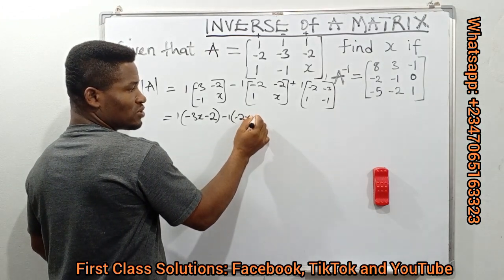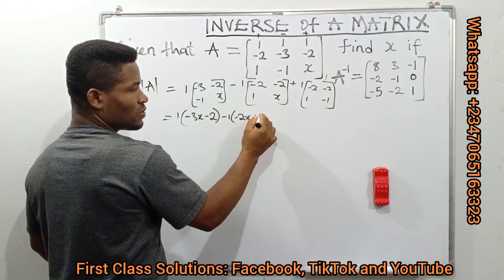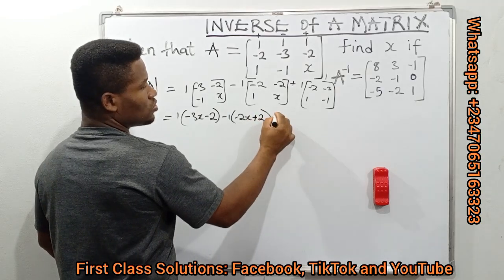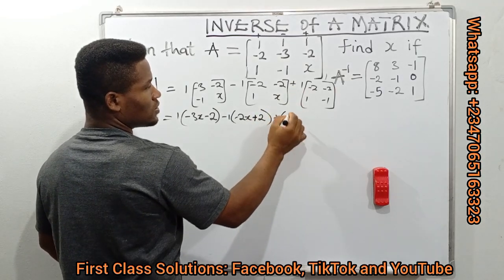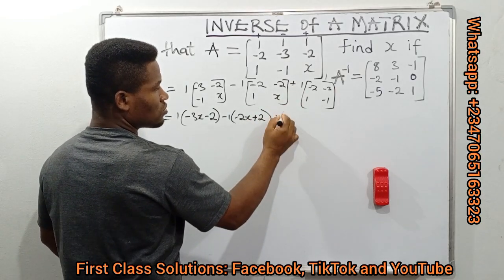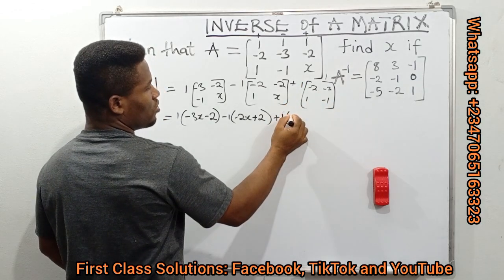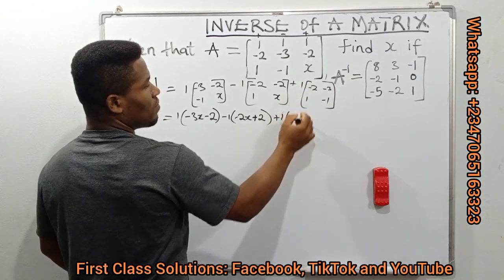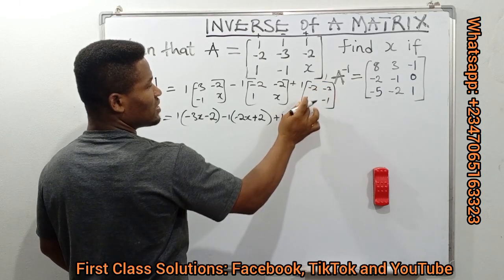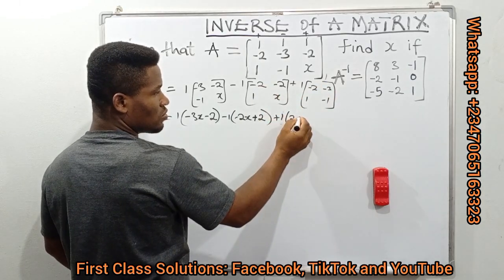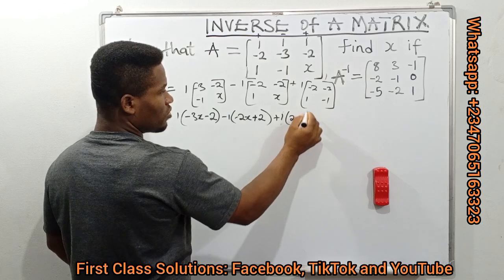With the original minus, it becomes plus 2. Then plus 1 into minus 2 times minus 1 gives plus 2, and minus 3 times 1 gives minus 3. With this minus, it becomes plus 3.